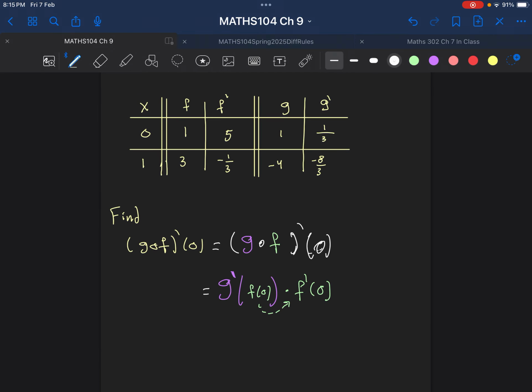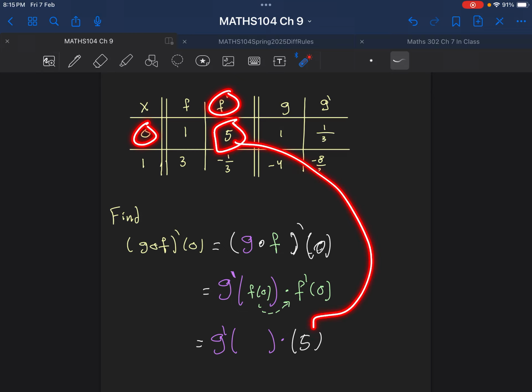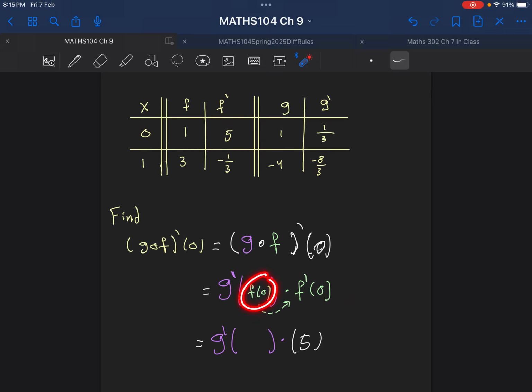Now, what is the derivative of f at 0? Derivative of f at 0 is 5, so I just write 5 here. Now, how much f of 0? F of 0 is 1, so I write here 1.